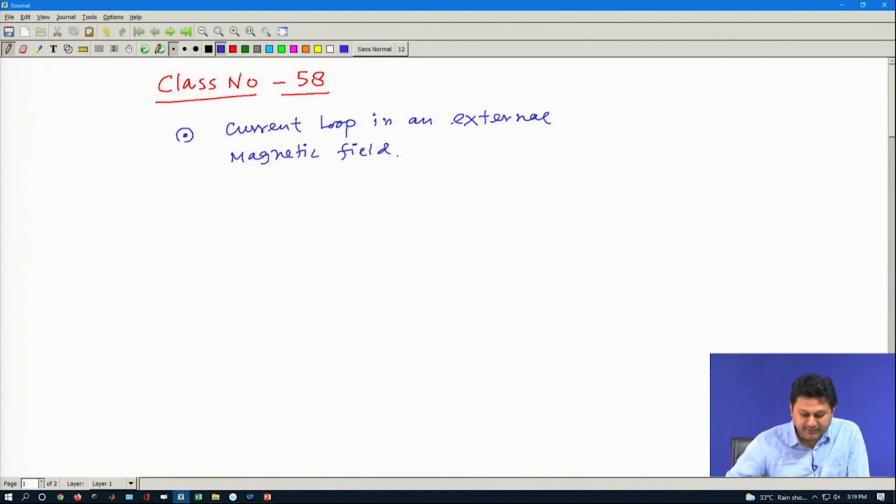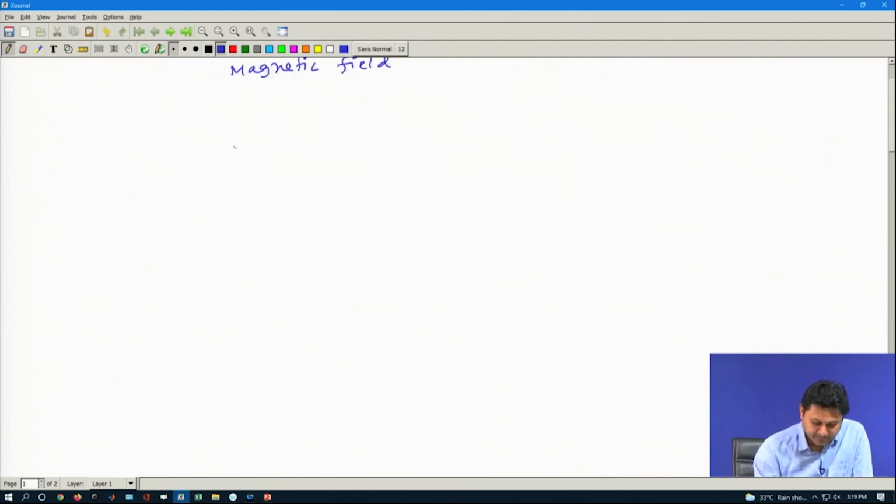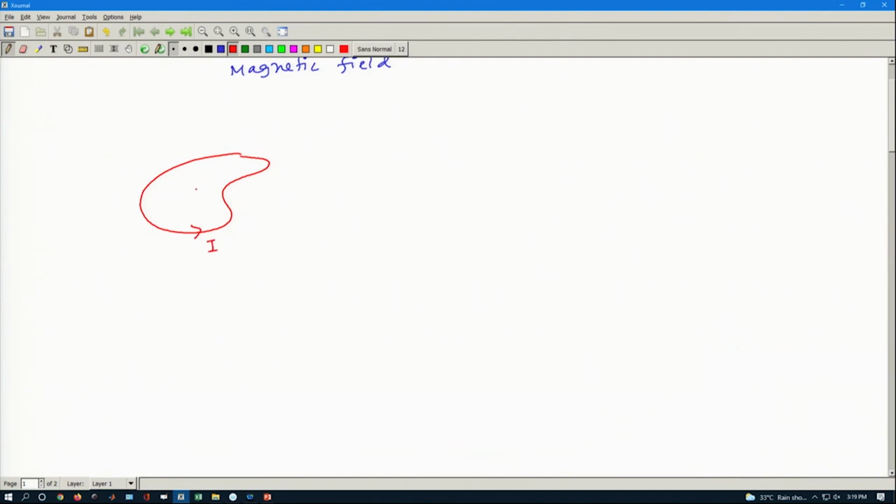Suppose we have a magnetic field and we placed a current loop like this, where current I is flowing, and this is the axis here. The torque that we experience in this system was N equal to M cross B, that we derived, where M is the magnetic dipole moment.